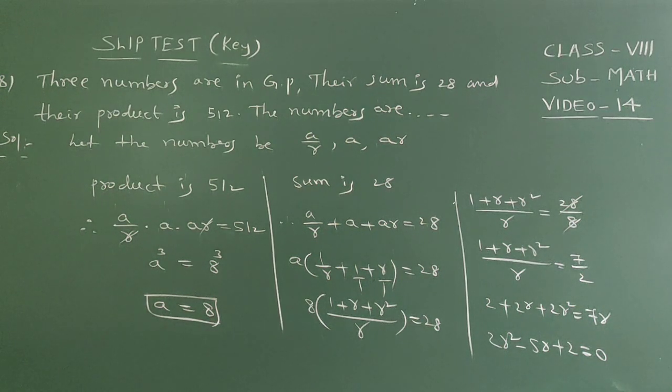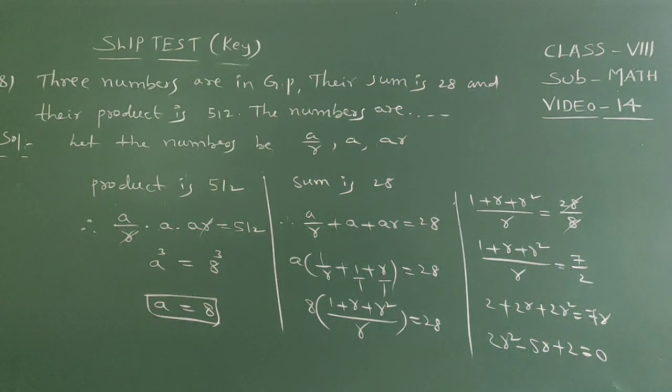Three numbers are in GP. The sum is 28 and their product is 512. From the selection of terms a by r, a, ar are the three required terms. So product 512. a by r into a into ar equal 512. a cube equal to 8 cube, 512 means 8 cube. So a equal to 8. Now sum 28 they give, a by r plus a plus ar equal to 28.